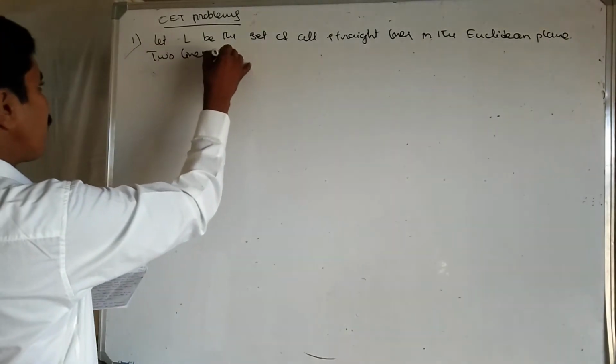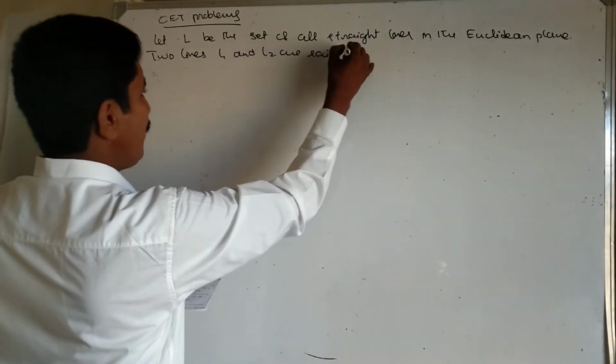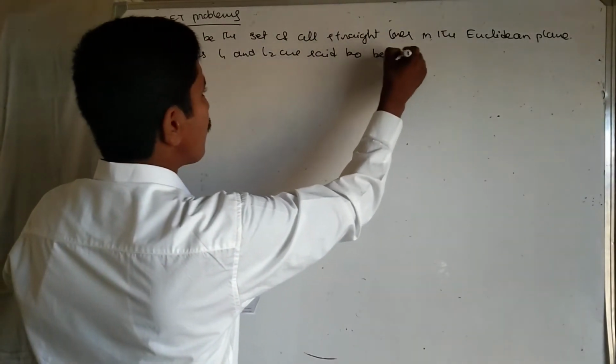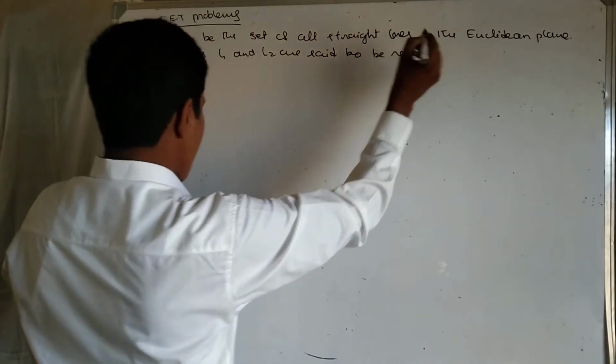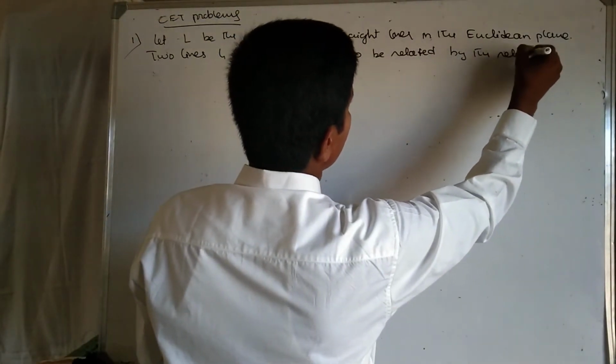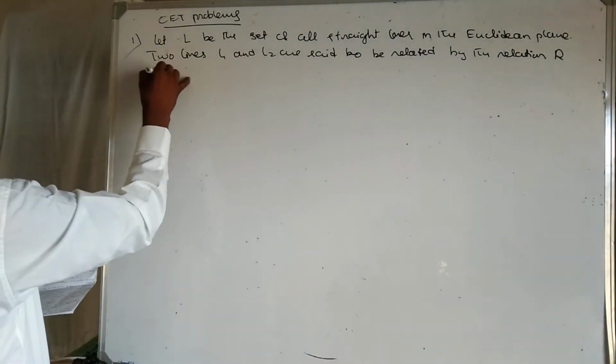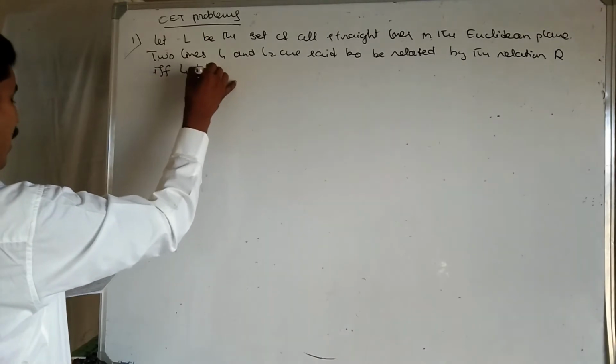Two lines L1 and L2 are said to be related by the relation R if and only if L1 is perpendicular to L2.